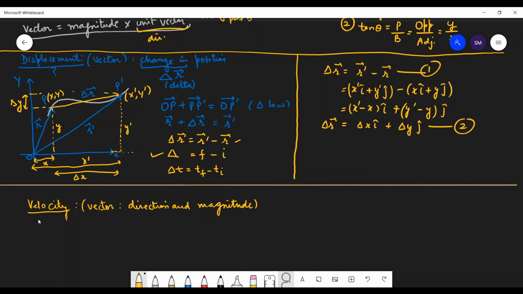Now we have the formula for the average velocity. We know that average velocity is equal to displacement upon the corresponding time interval.